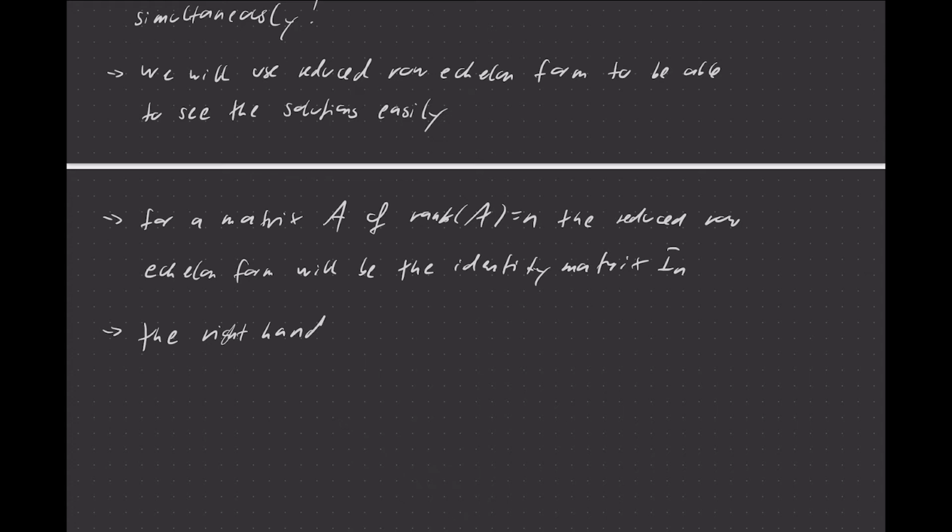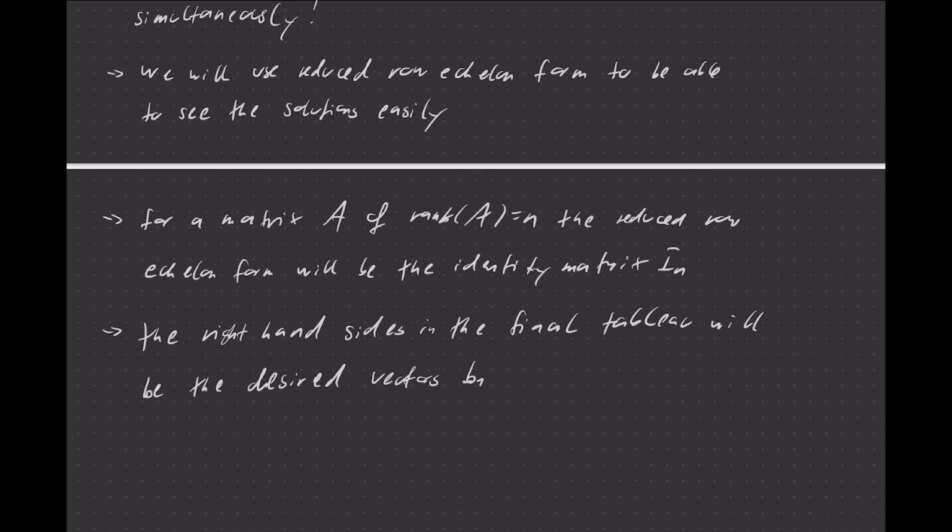So the right-hand sides in the final tableau will be the desired vectors b1, b2, and so on to bn.